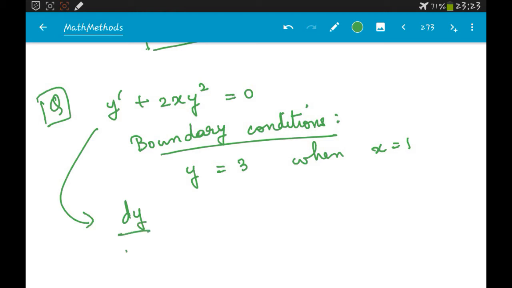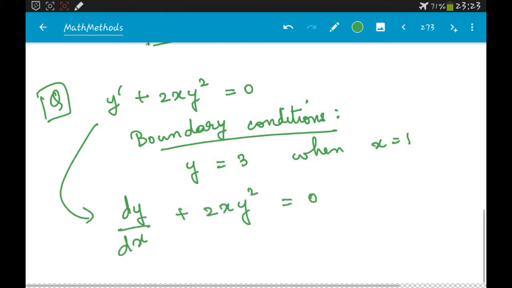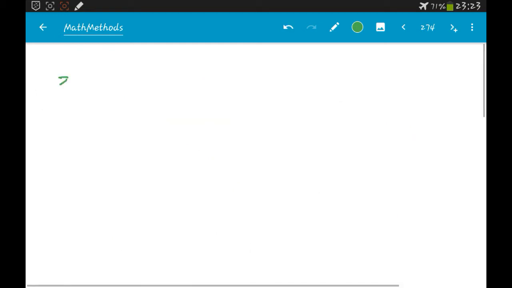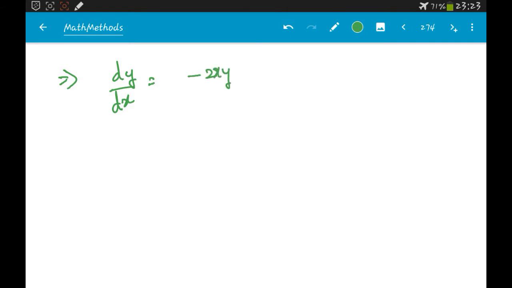So this is dy by dx plus 2xy square is equal to 0. Let's see if we can take all the y to one side and the x to the other side. We can do that by writing dy by dx is equal to minus 2xy square, which is dy by y square is equal to minus 2x dx.